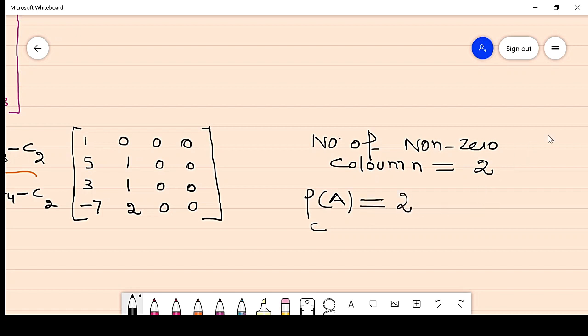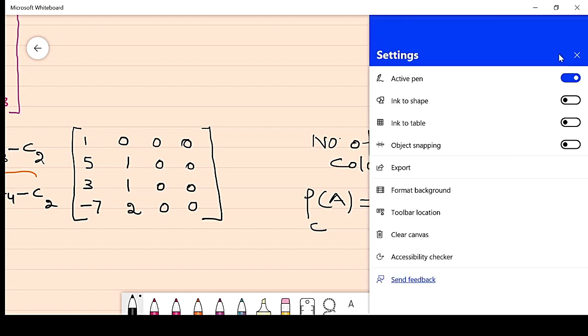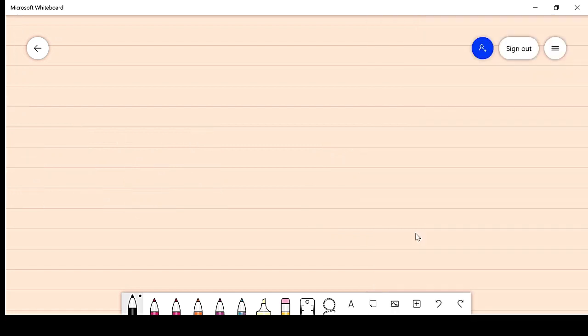In the previous lecture, we found that the row rank of this matrix is 2. So here we find the column rank of the matrix is also 2. That is our result.